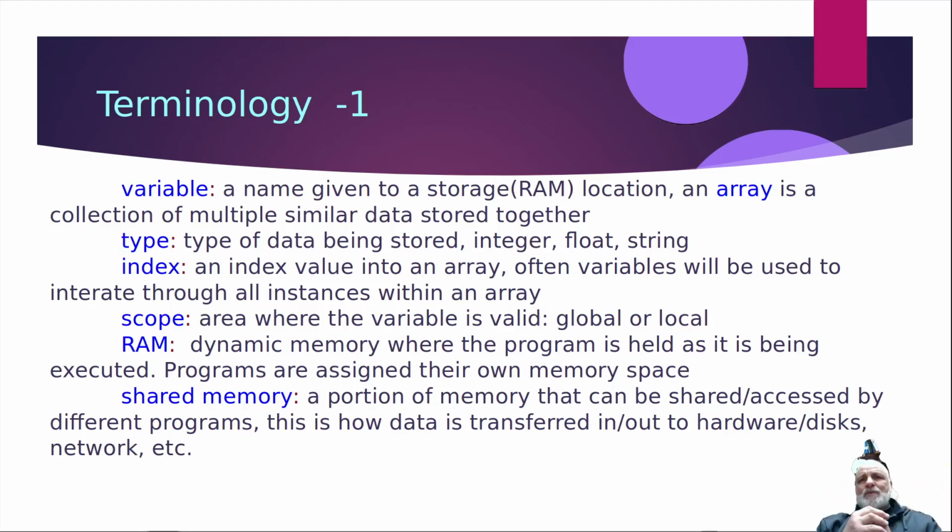Typically, what happens with a program is when you load up a program, the operating system says, okay, I'm going to give you this area of RAM to store your data in and manipulate your data in this area. And then you have some other program that's running and it's got its own memory location. And, for safety reasons, these two different programs aren't allowed to go in.